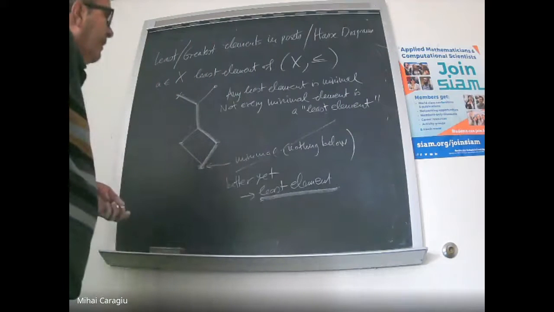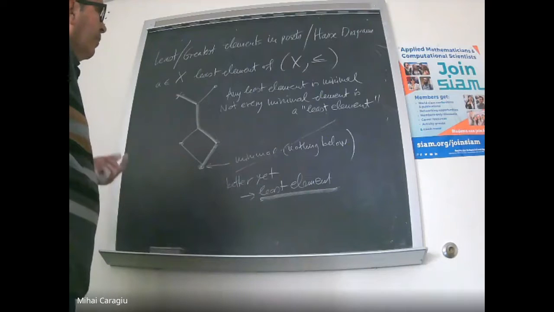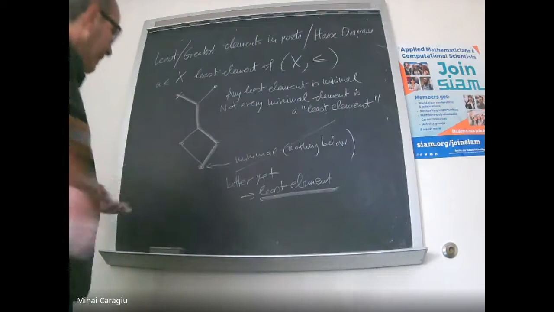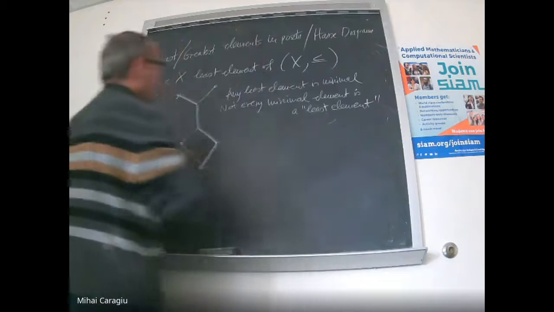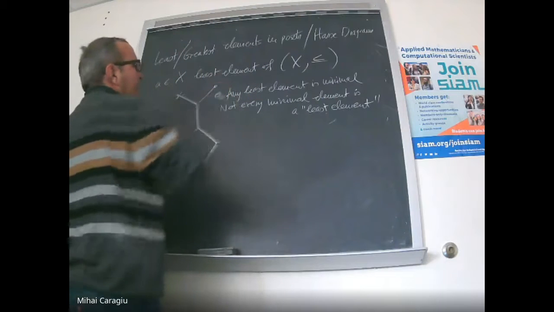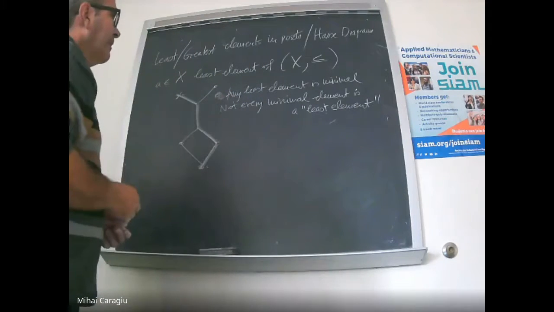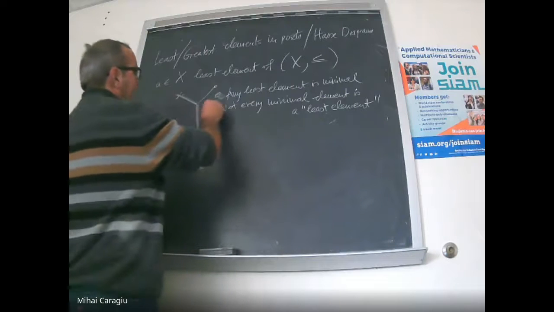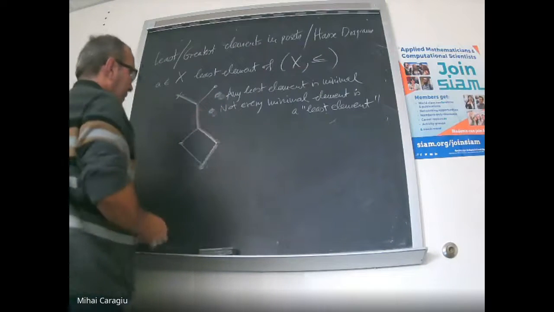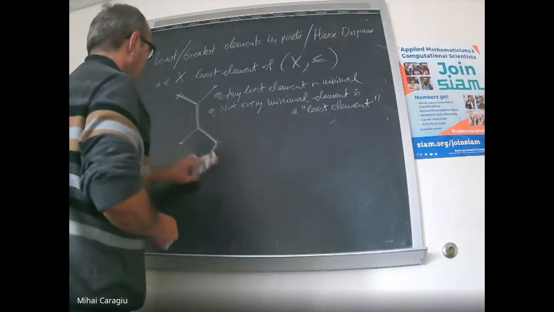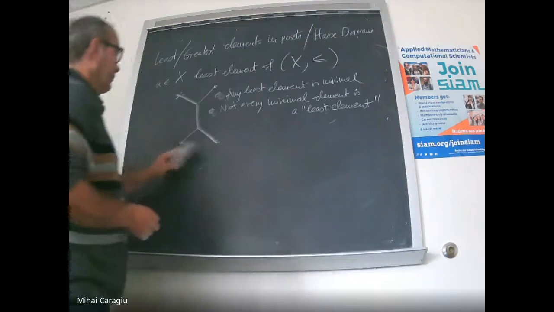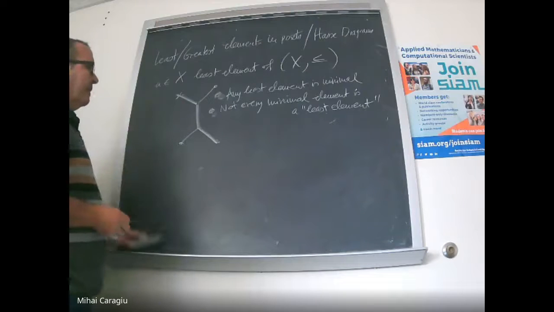Even more so, if we have two or more minimal elements, then there is no least element. So that's an important fact here. Any least element is minimal. Not every minimal element is a least element. Like in this case we have two minimal elements, and none of them is a least element.